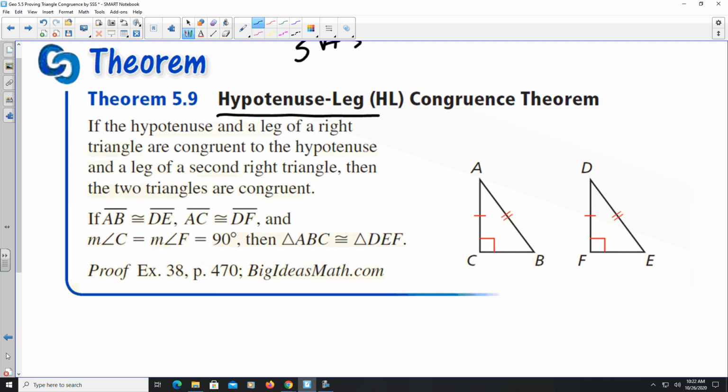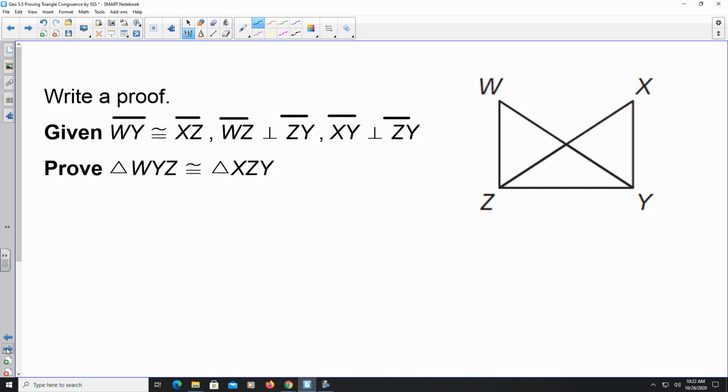So with that being said, here they're giving us that WY is congruent to XZ, that WZ is perpendicular to ZY, and XY is perpendicular to ZY.